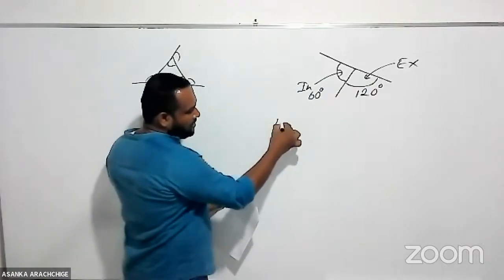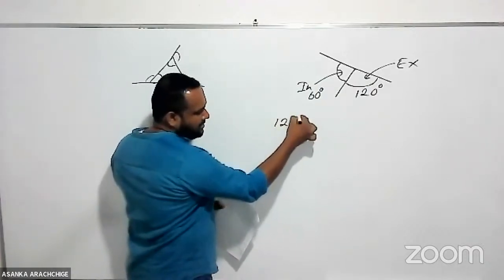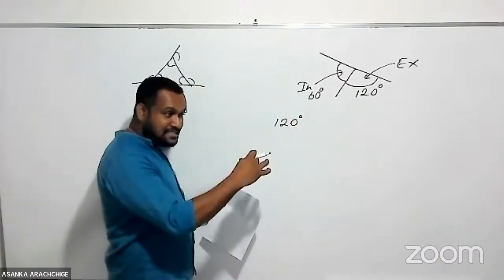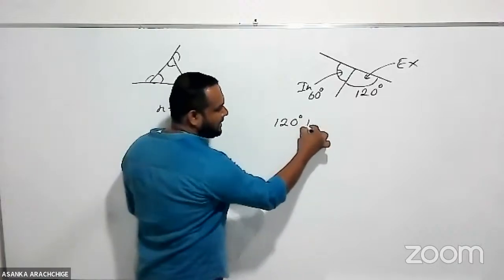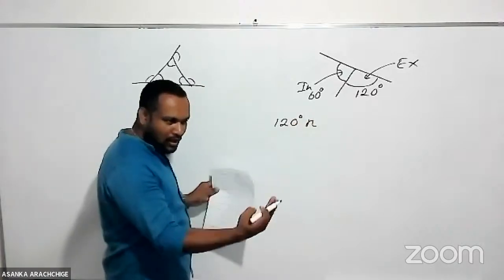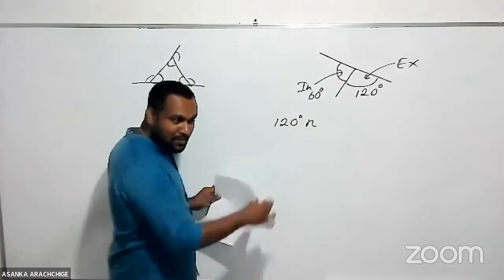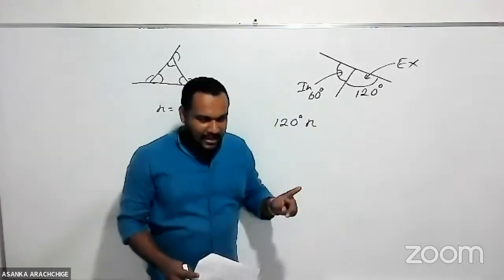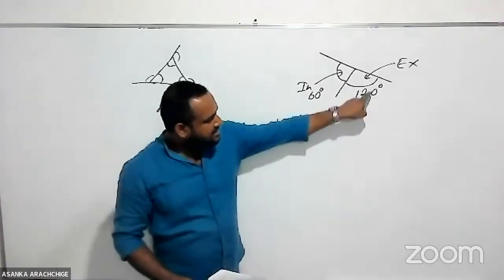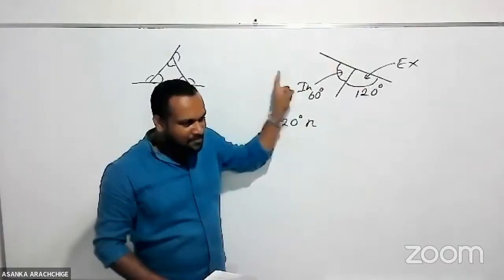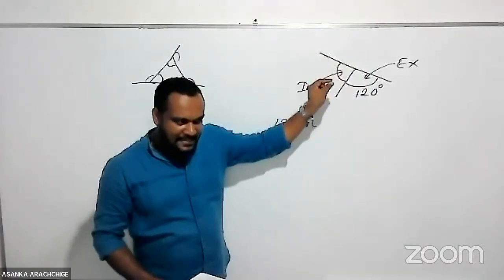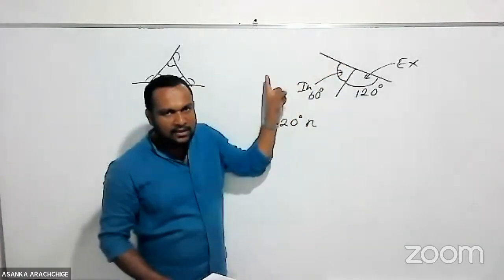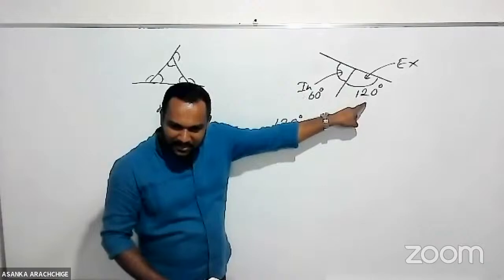The magnitude of one exterior angle is 120. If it has n sides, it has n exterior angles and all are equal because this is a regular polygon. Since this is a regular polygon, each exterior angle is 120.